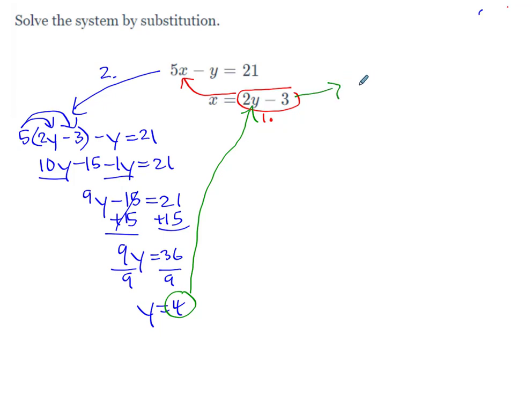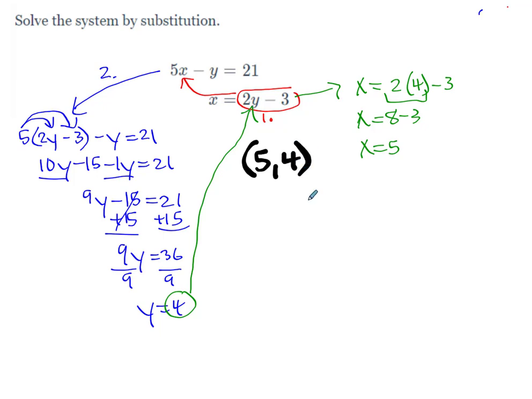So I would have x is now equal to 2, parentheses, 4, minus 3. We multiply first, so I've got x is equal to 8 minus 3. My apologies for the horrible x. And then 8 minus 3 is 5. So my solution is going to be 5 comma 4.